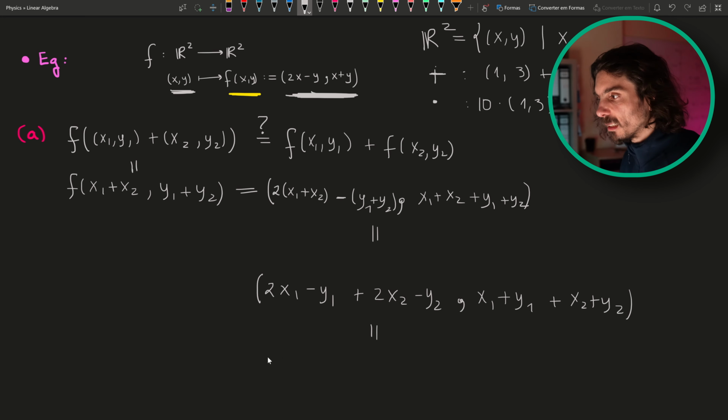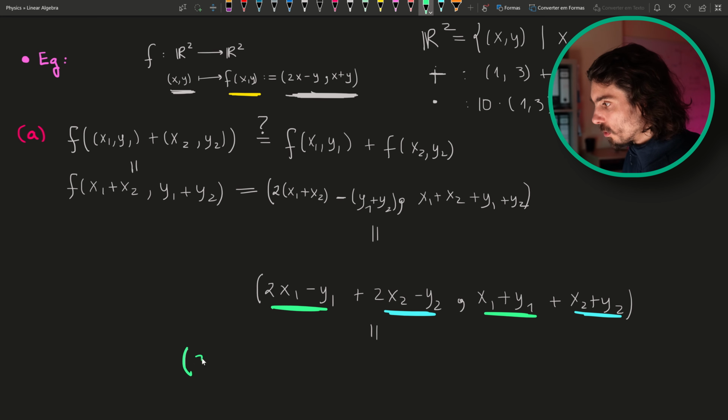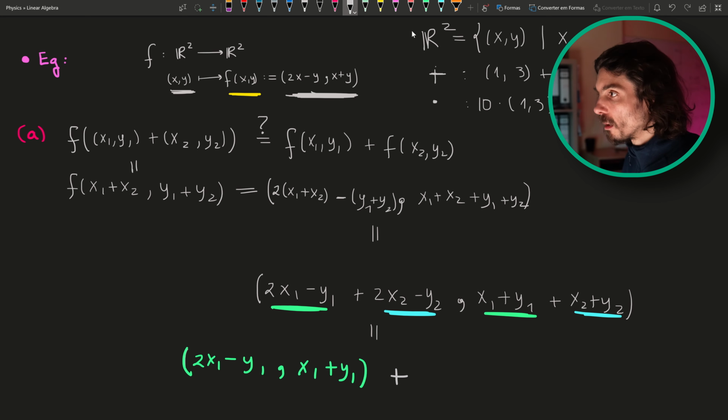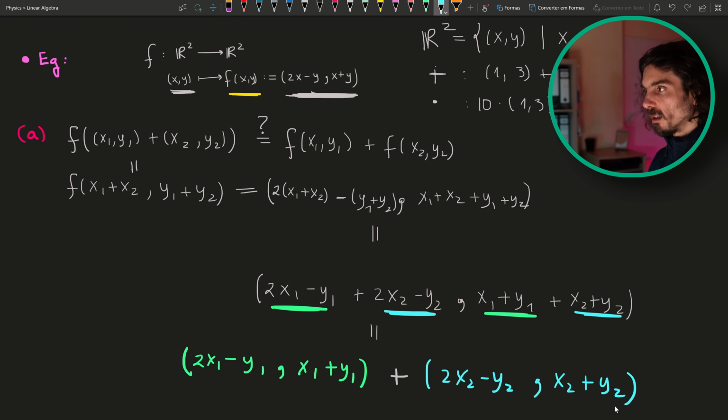But now, let's see what we can do. Let me just underline this thing. It's this part, right? And that part. You can split the thing. So it's 2x1 minus y1, comma, x1 plus y1, right? Plus the blue part. So it's 2x2 minus y2, comma, x2 plus y2. Can you see the idea?